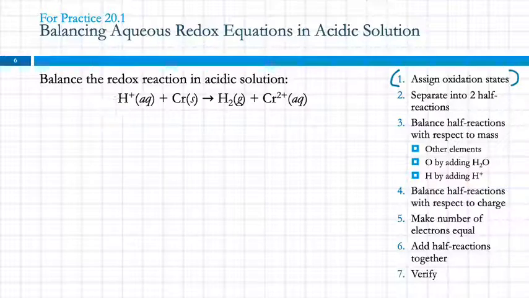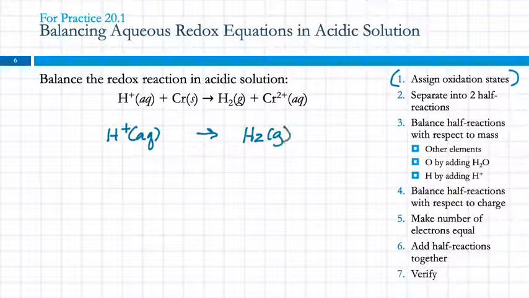And so I want to have the H+ as a reactant. And then one of these is going to be the product. Well, can H+ turn into chromium? Nah, it's probably going to turn into H2, right? And then the other part of this is the chromium atom turning into chromium ion.